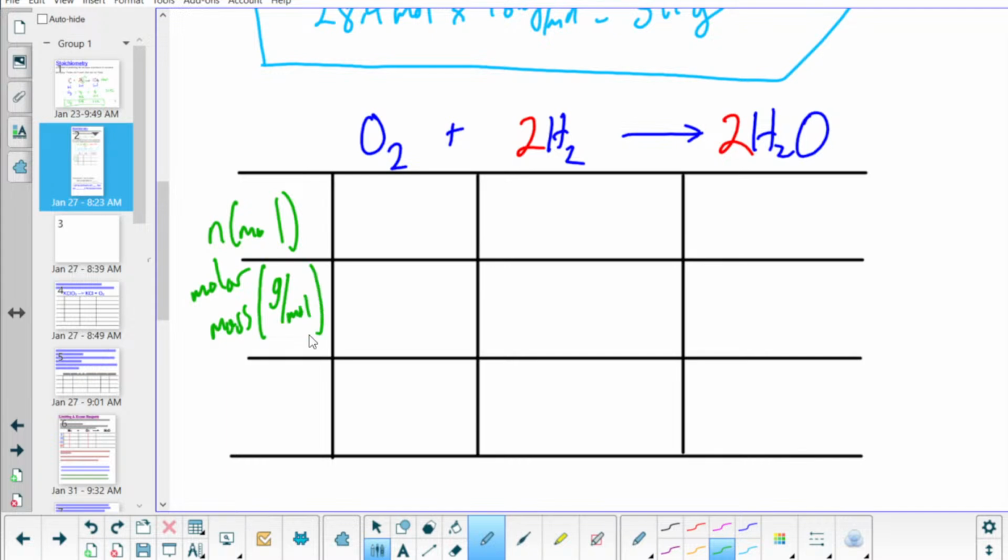It also gets used to something for next year called an ICE table. I also put the units in, so I don't have to put them in every box. If you put them in the beginning, we take them as read for the rest of everything else. Here's the data we're given. We're told that, oh, this is 14.2 moles.